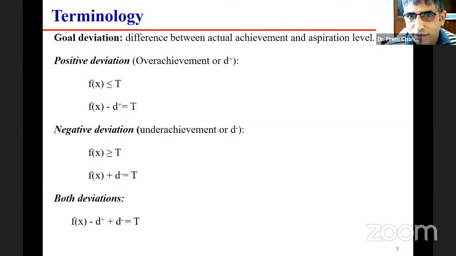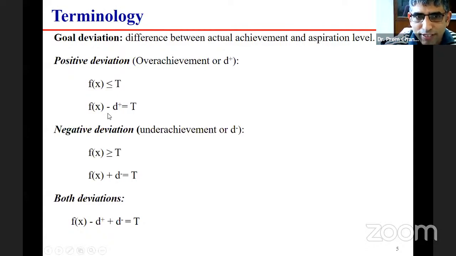Then come the deviations, goal deviations. If we underachieve, we are deviating. If we overachieve, we are deviating. If we are overachieving, we call it positive deviation. And if a goal function is to be converted into an equation, we have to subtract the overachievement from the left hand side so that our equation is balanced.